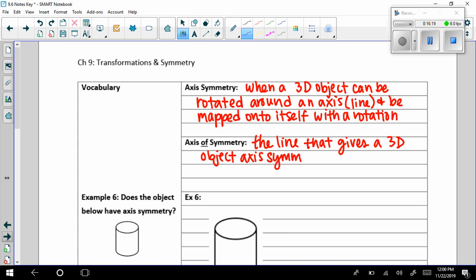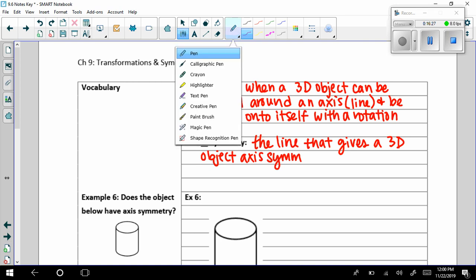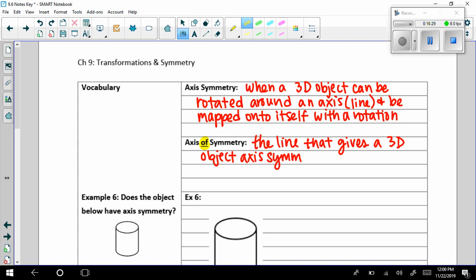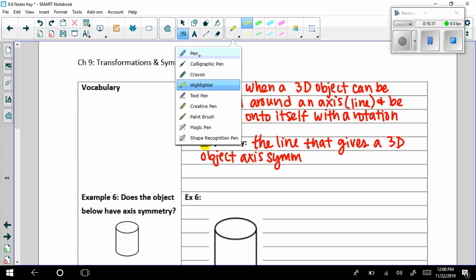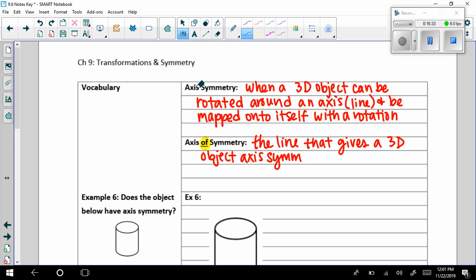So we're sticking a pin or a pole right down the middle of an item. The line that gives a 3D object axis symmetry is called the axis of symmetry. So again, noting the difference here between an object having it and then what an object needs to show that.